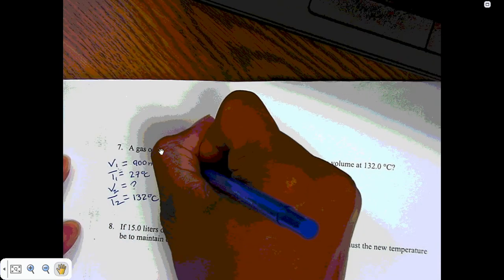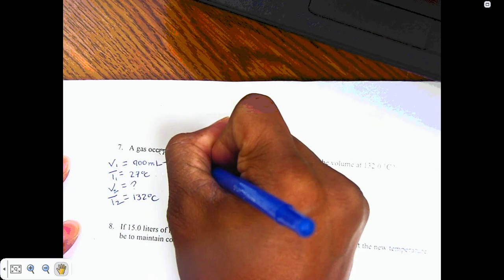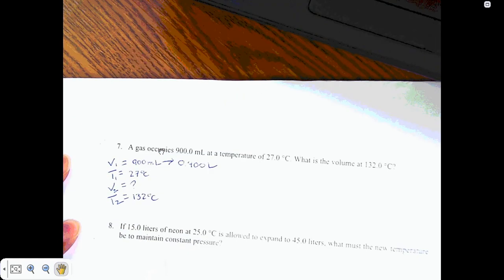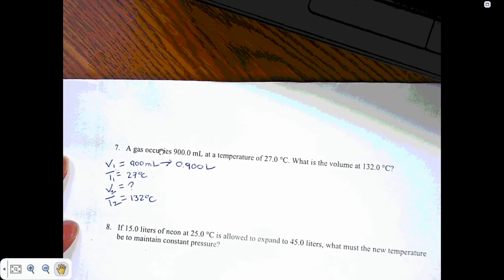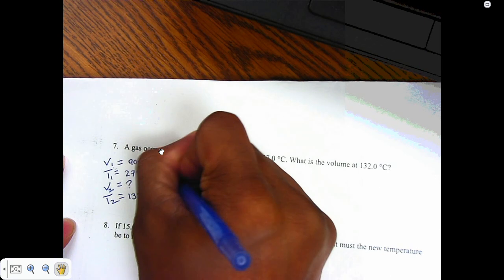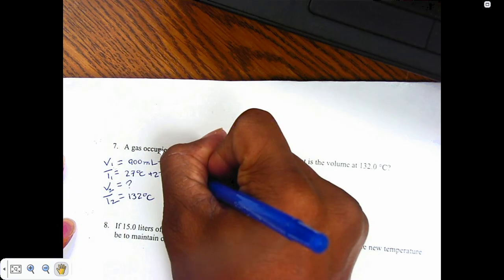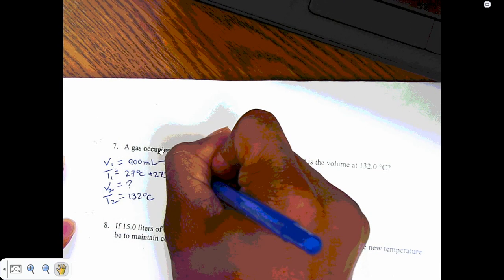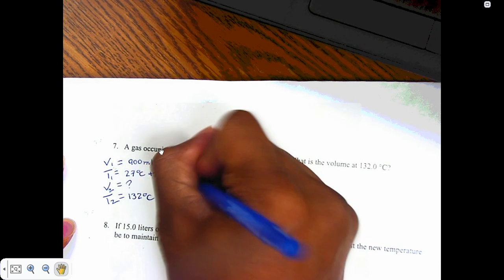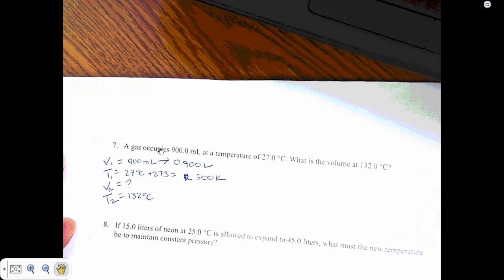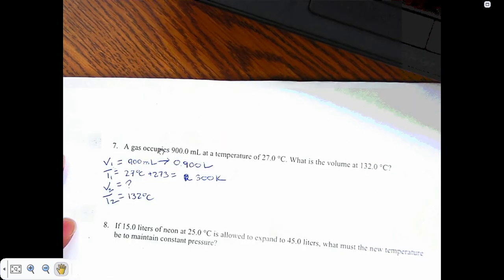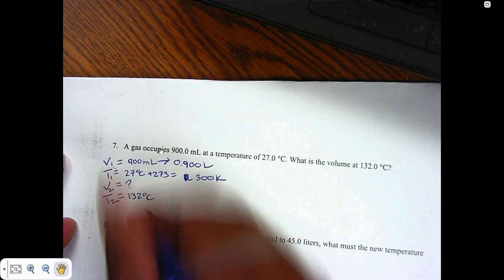I'm going to convert this to liters. You can convert to liters by dividing milliliters by 1,000. I'm going to next convert from 27 degrees Celsius to Kelvin, which will yield roughly, let me correct myself, 300 Kelvin. I still don't know my V2 value, but that's going to be in liters, whatever it is.